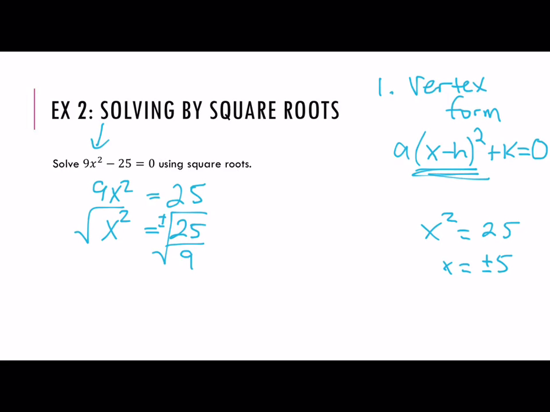But you're going to lose that negative solution if you don't put that negative sign in at some point. Okay, so we have x equals plus or minus, and then I need to simplify square root 25 over 9. So I'm going to think of this as square root 25 over square root 9. And then this one simplifies nicely. This is plus or minus 5 over 3.